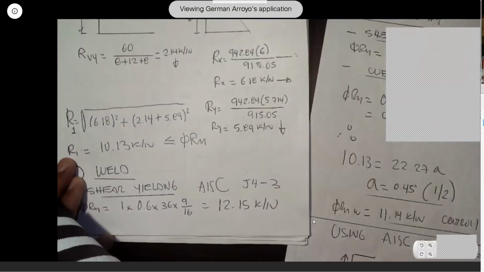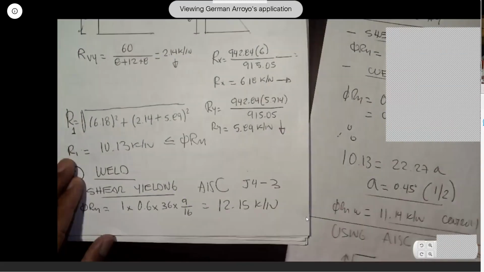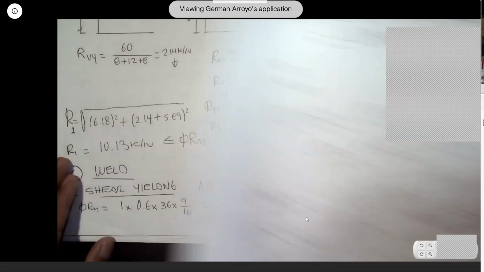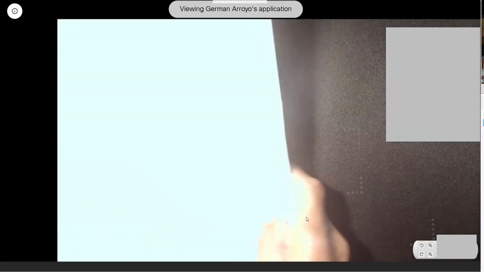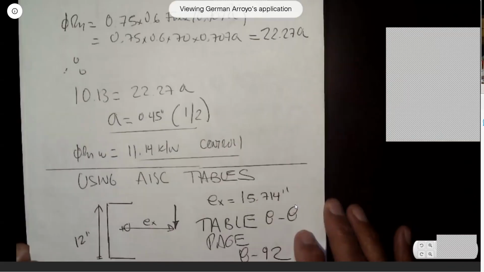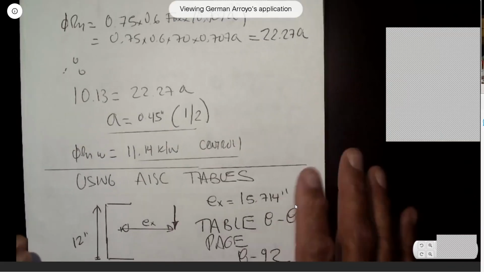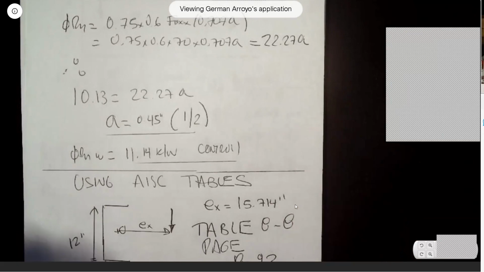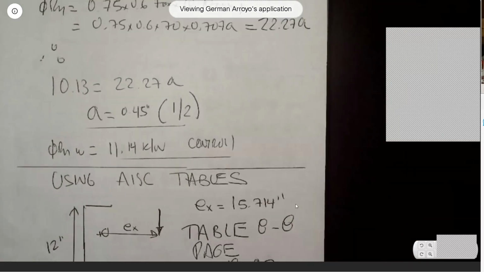So shear yielding, shear rupture, and the weld. And the weld comes as 11.14. So obviously the weld is controlling our design, and the answer for this problem is half an inch size of the weld. Any question before I go to the table?